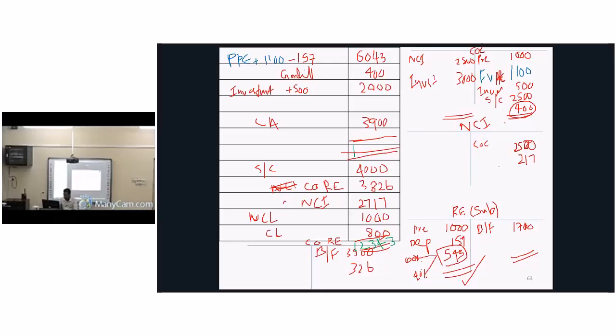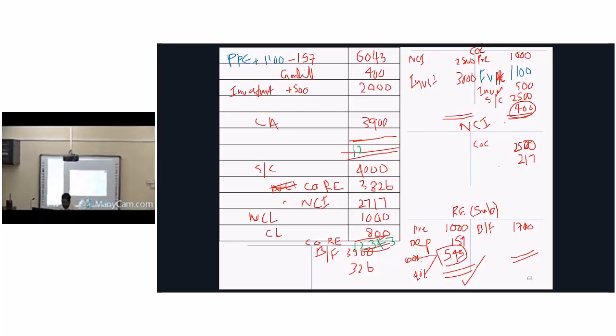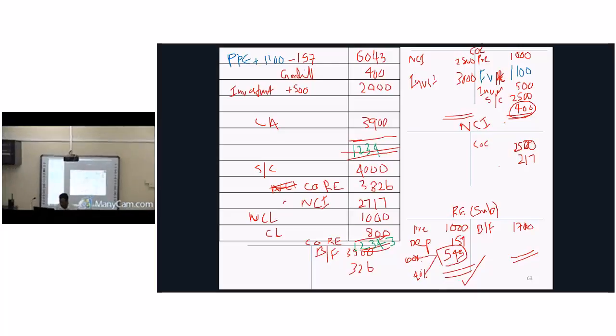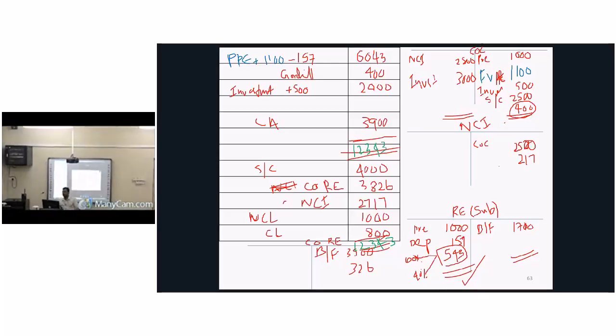Here also 12,000. Let's see whether it is so. Yes, 12,343. It is balanced by 12,343. Right? That's done.